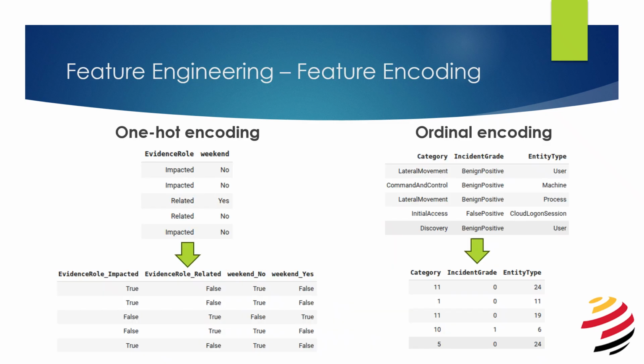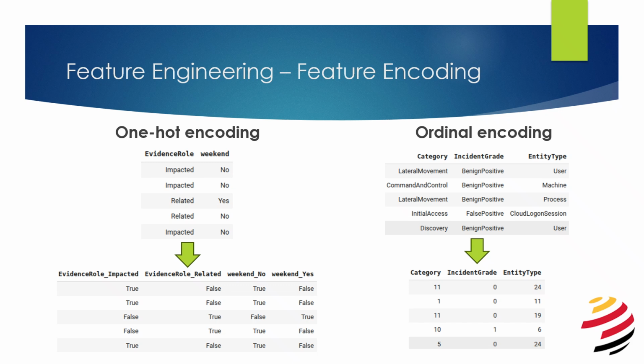Machine learning algorithms cannot process categorical values directly. So, categorical features were converted into numerical format using two different encoding techniques. One hot encoding was applied to the evidence role and the weekend features as they contain a small number of unique values, and this method does not significantly increase the dimensionality of the dataset.